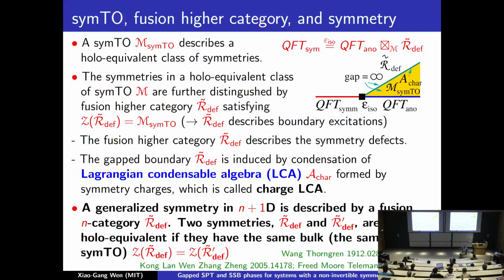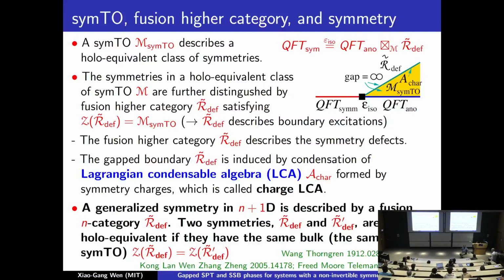The maximum set of these anyons forms the so-called Lagrangian algebra, and their condensation produces the gap of the boundary. In the symmetry context, it turns out that the Lagrangian algebra, these anyons condensing together to form the boundary of symmetry defects, happens to be formed by the anyons which carry symmetry charge. So it's a very nice duality.